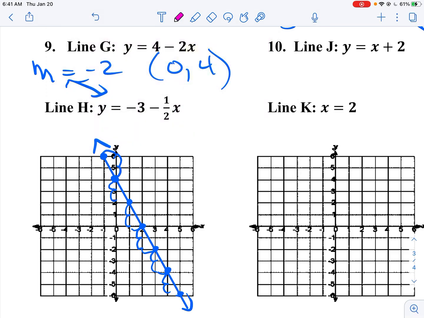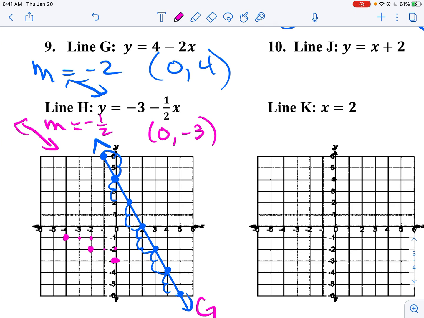Now, oh, sorry, that was G. Okay, so this one's slope is -1/2. So again, it's going in the negative direction. And my intercept is 0, -3. So I go to 0, -3. And I can go up 1, but I need to go to the left 2.